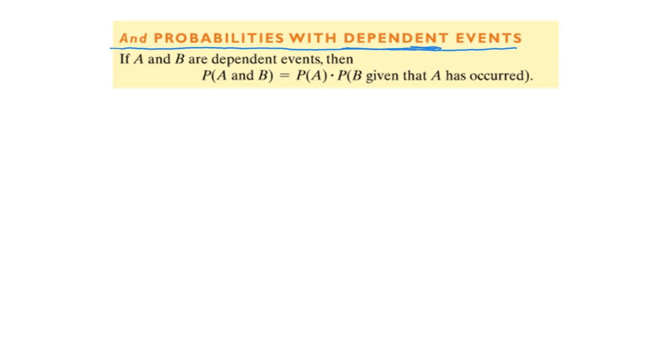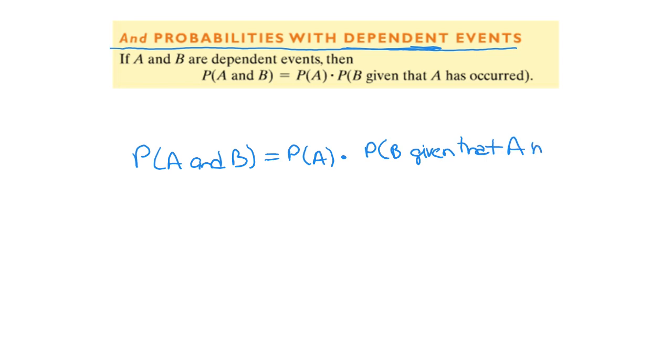All right, so this one says if A and B are dependent events, then the probability of A and B is equal to the probability of A times the probability of B given that A has occurred. All right, so A has to occur first, and then we take the probability of B.